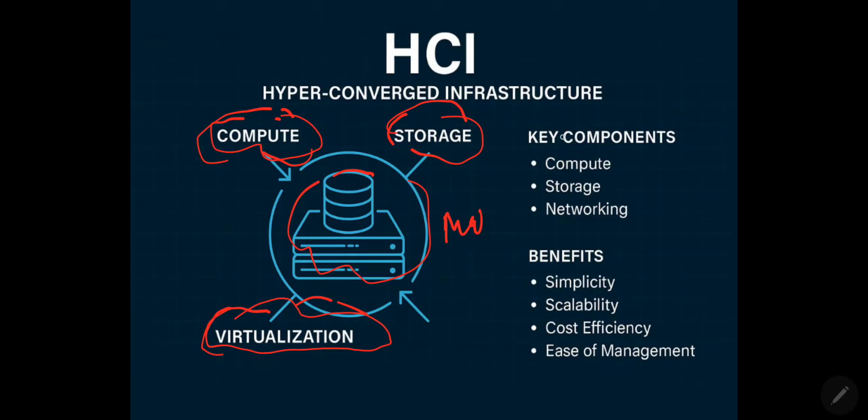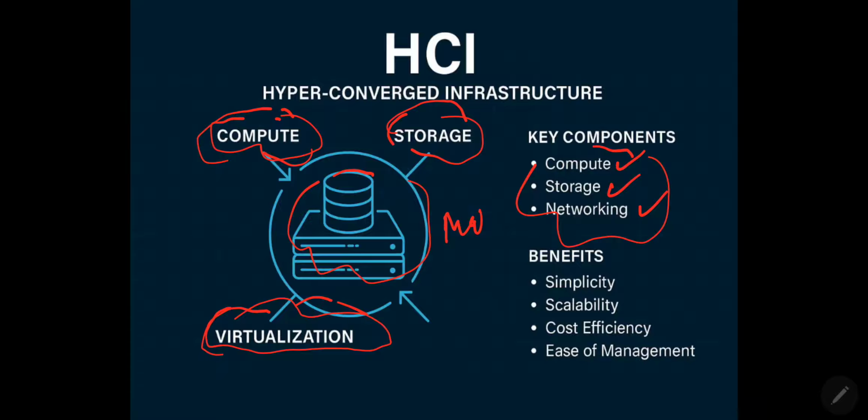You can see here the key components of HCI are compute, storage, and networking. Just info for you, before using HCI, people used 3-tier architecture.